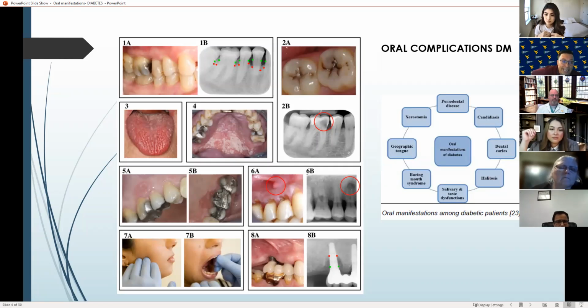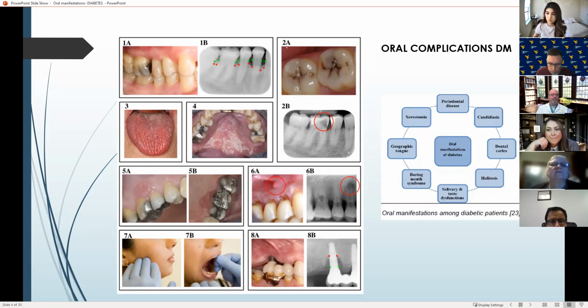Pictures 7A and 7B show the temporomandibular disorders, where on 7A, usually the patient feels pain, and 7B, limited mouth opening. And finally, picture 8A and 8B shows a condition that we call peri-implantitis, which is a periodontitis around a dental implant.